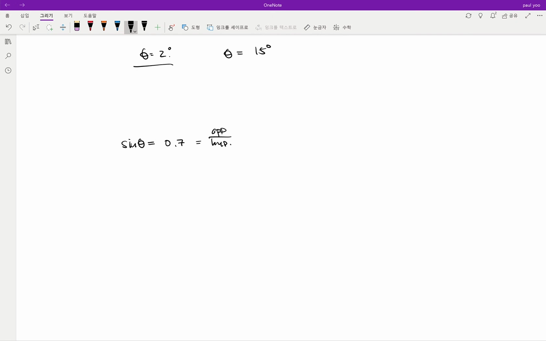So when you have a right triangle, the opposite length is going to be 0.7x and the hypotenuse is going to be 1x. Therefore, that's 0.7x over 1x. The x cancels out, and you get 0.7.